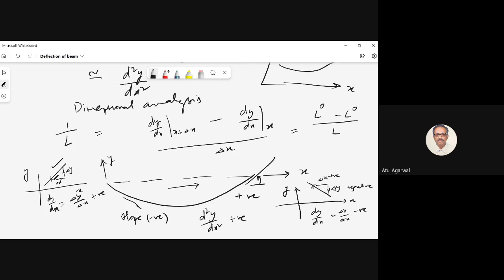And what I said about 1 by r is equal to d square y by dx square. So you see your 1 by r is also positive because the second derivative is positive for this curve. So your r is also positive.